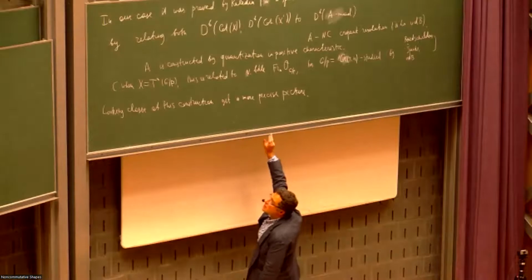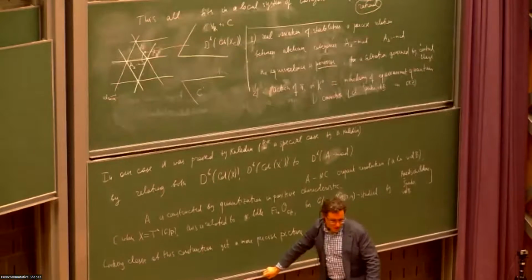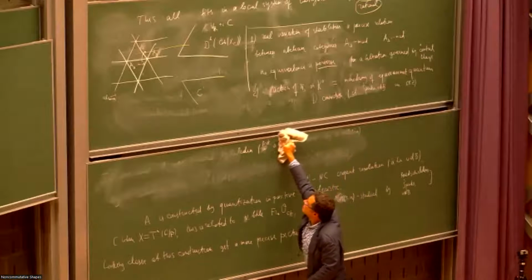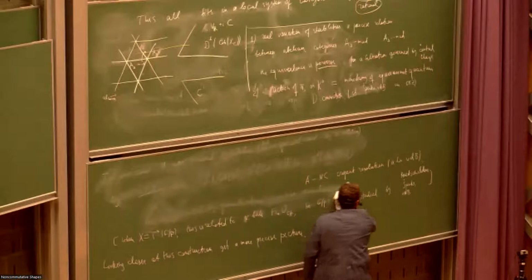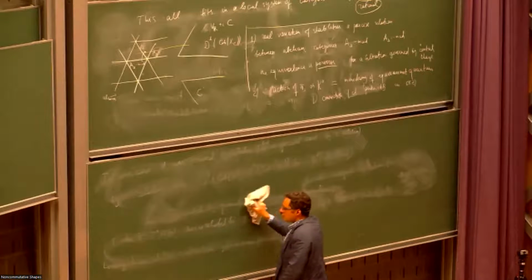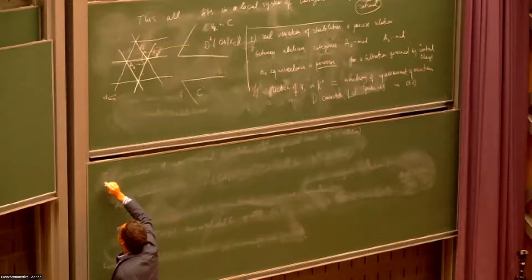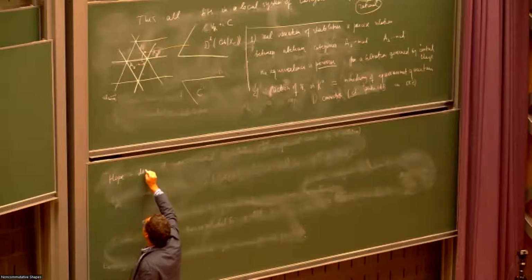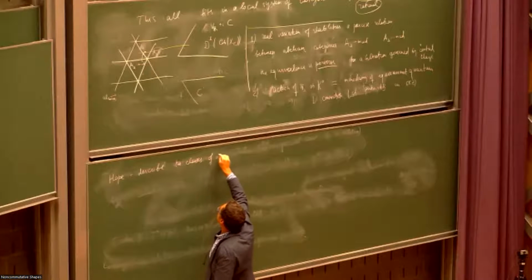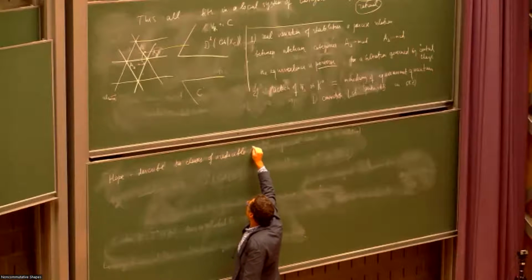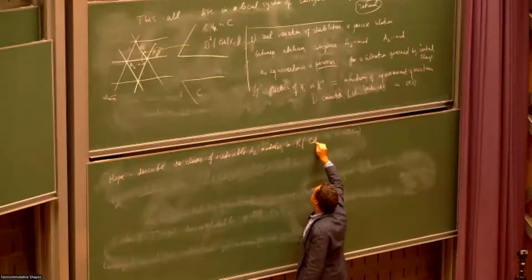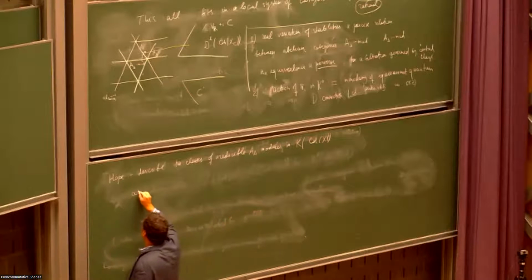and the hope is to describe the classes of irreducible A delta modules in the K group of coherent sheaves on X as a canonical basis.